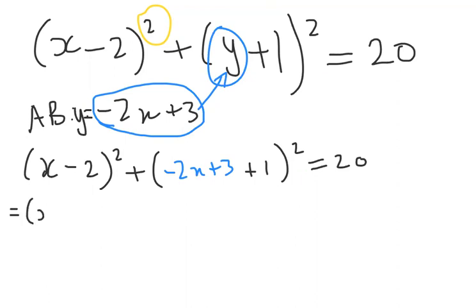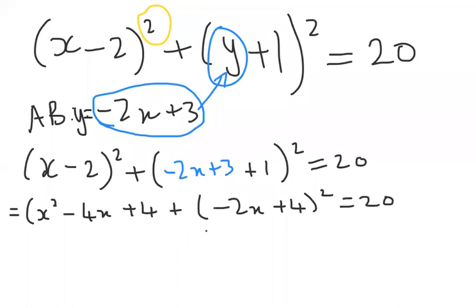Here we have x squared minus 4x plus 4. I'm going to keep that in a bracket first and simplify the other bracket first. That is 4x squared, minus 8x, so it's minus 16x plus 16.